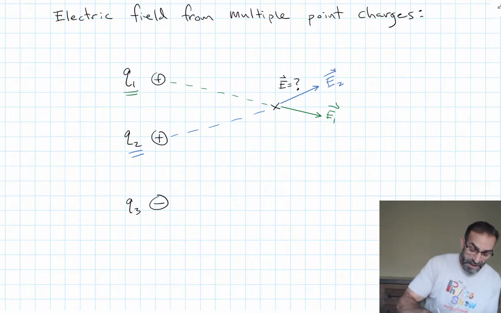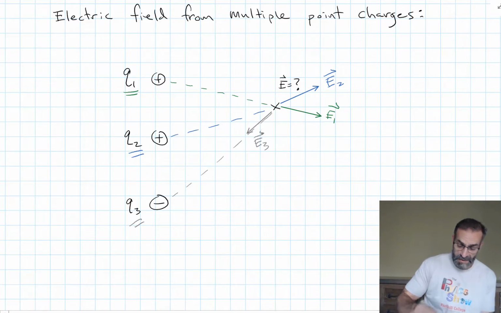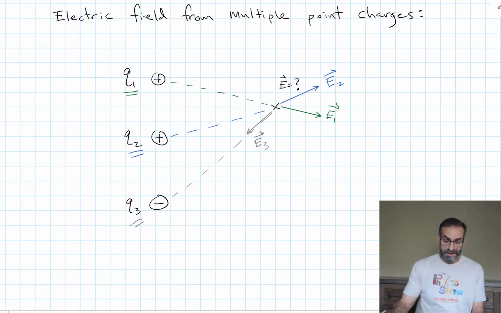Now I do the same thing for Q3. I'll use gray. Draw a straight line. Now this is a negative charge, so its electric field points toward the negative charge. So there are my 3 charges.